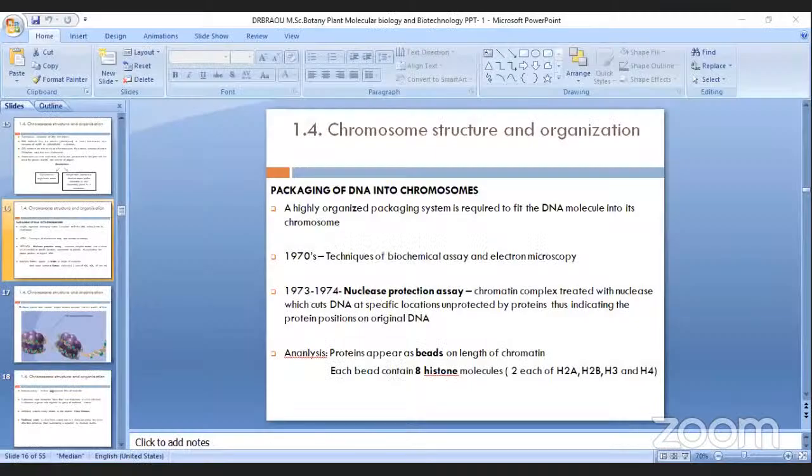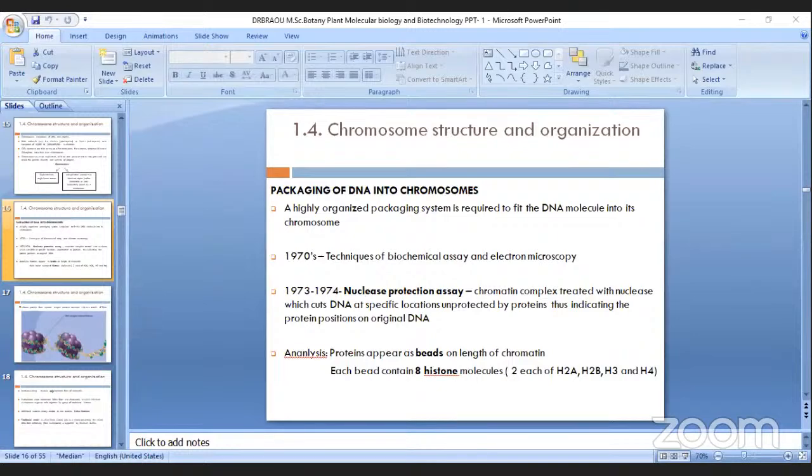In the 1970s, techniques of biochemical assay and electron microscopy were used to learn how DNA is packed into chromosomes. In 1973 and 1974, a new assay was discovered, which is the nuclease protection assay. In this experiment, you use a nuclease.